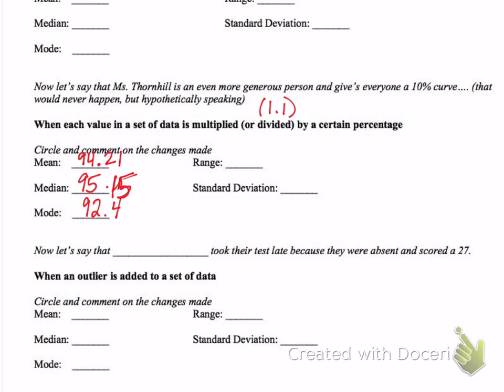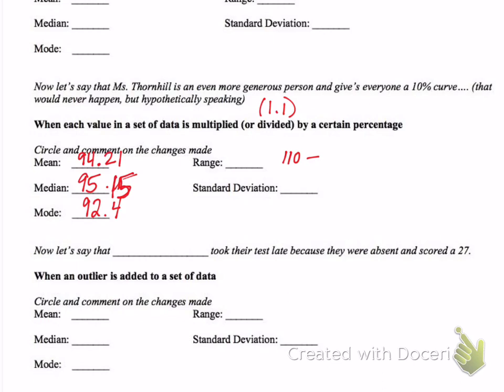My range is now what? So my max minus my min. What is my maximum point? 100 times 1.1. So you were supposed to take all of your data and multiply it by 1.1. That's 110. 110 minus... it'd be 39.6.